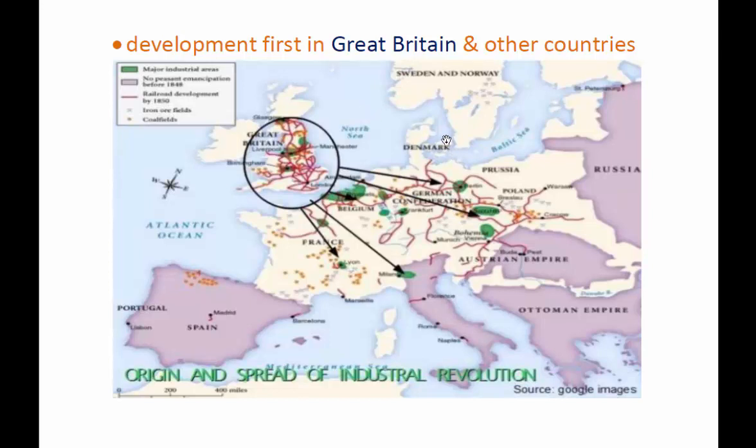First in Great Britain, and it slowly started to spread to France, Germany, Italy and all. And after that, it also spread to far off countries like India, China and all. I'm sure you have understood this one. This was how the cotton textile industry developed after the industrial revolution.